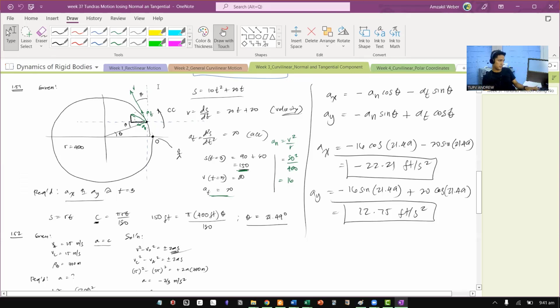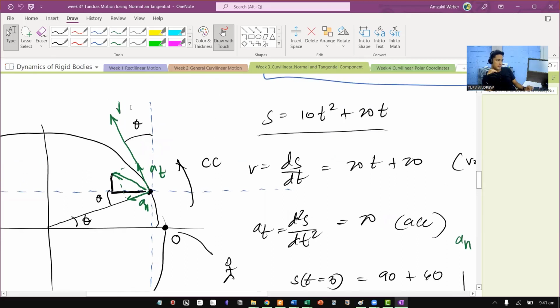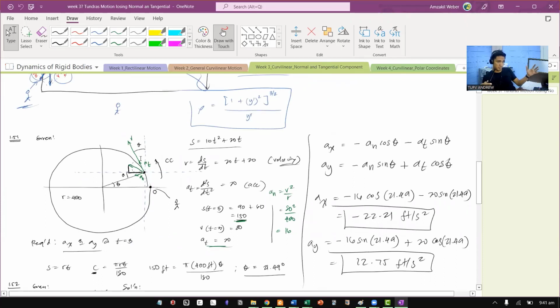If we use the radial and transverse axes, instead of AT and AN, we have A theta and AR. So only the notations are different. But the logic and principles of solving this problem are exactly the same, because the problem is the same.